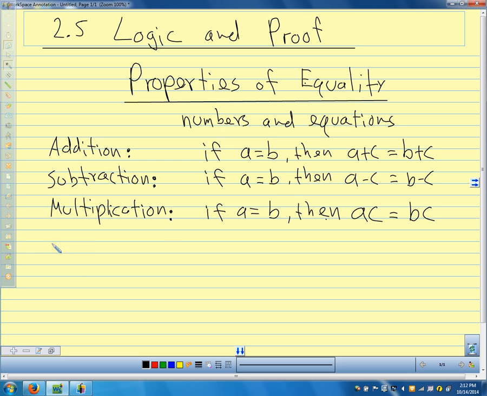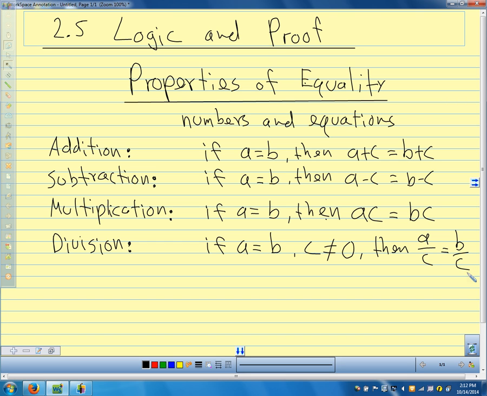And then the division property. If A equals B, and we're going to say that C is not equal to 0, we don't want to divide by 0, then A over C equals B over C. I can divide both sides of the equation by the same number.